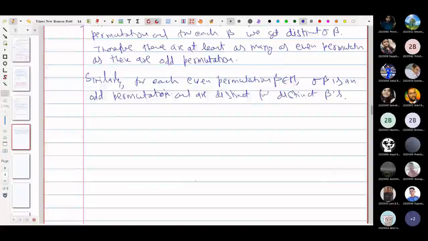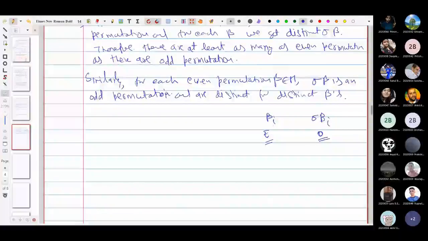So in the same fashion, the beta i are even, and corresponding to each beta i we have sigma beta i, and this is going to be odd. So corresponding to each even permutation beta i, we are getting that many odd permutations.